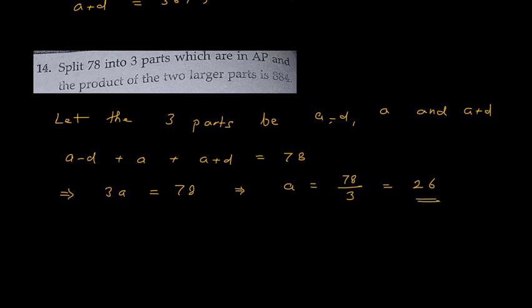Now the product of the two larger parts is given as 884, that is a into a plus d. The value of a is 26, so 26 into 26 plus d is 884.